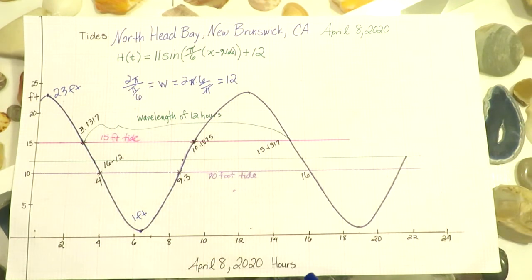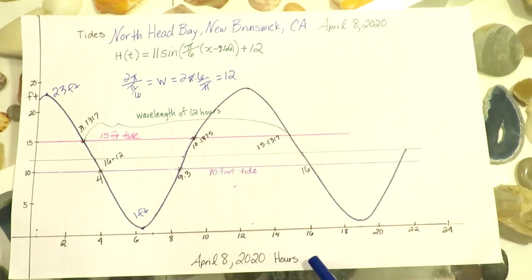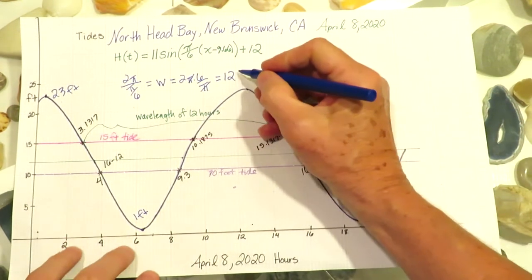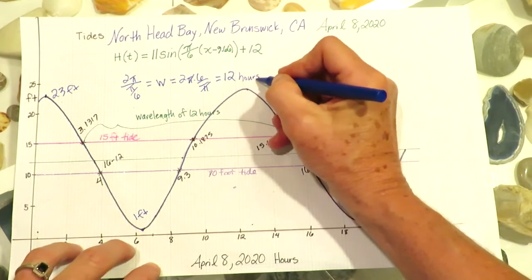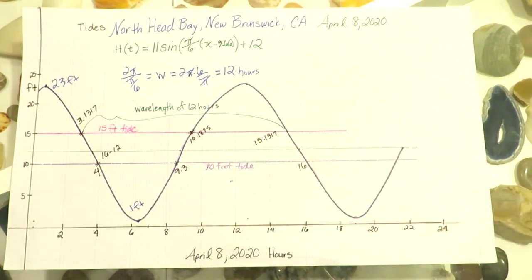Well, my x unit, my input, is hours. So every 12 hours, we are repeating the high tides, and that's true. If you live near the ocean, you know that. You know that, every half day, you're getting high tides and low tides. So again, there's practical meaning to the line of equilibrium, the amplitude, the frequency, and the wavelength.